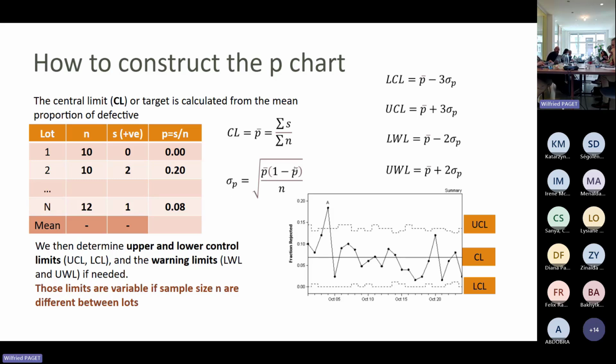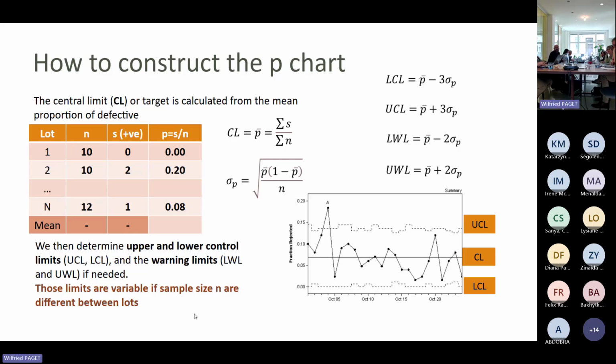In this case, for the binomial distribution it is this formula, and of course then you need to compute the lower limit and the upper limit. In this case, you can use the mean minus 3 sigma and the mean plus 3 sigma as control limits, and warning limits at 2 sigma, so for the 95% interval.